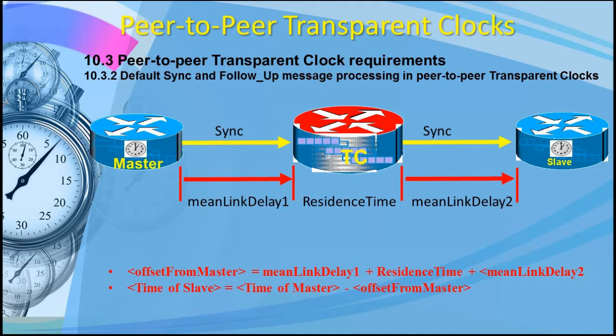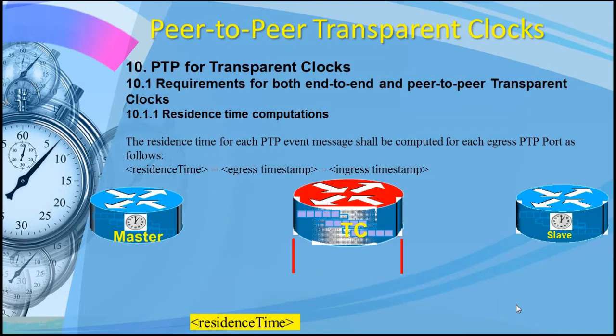So the time on the slave equals the time of the master minus offset from master. So for the peer-to-peer transparent clock, we mentioned three different delays.